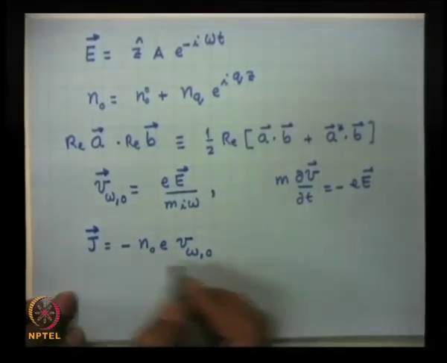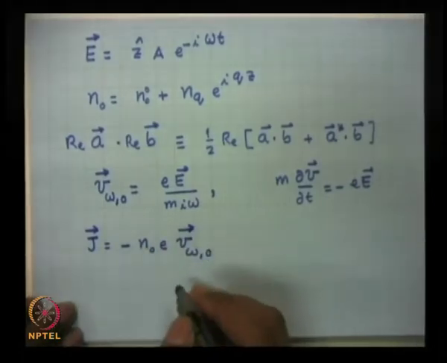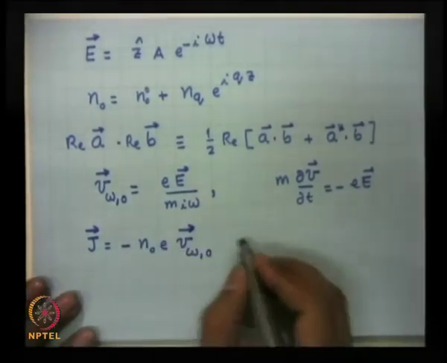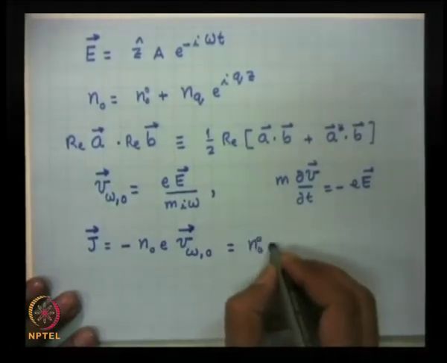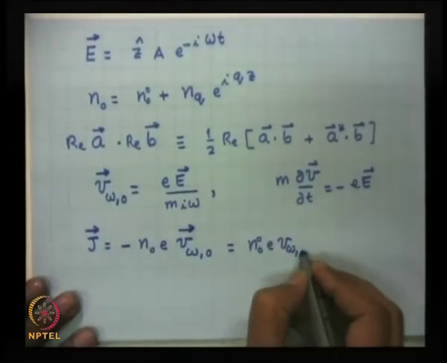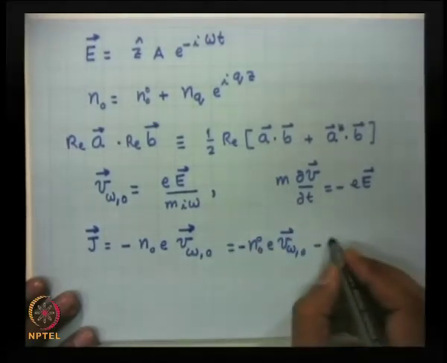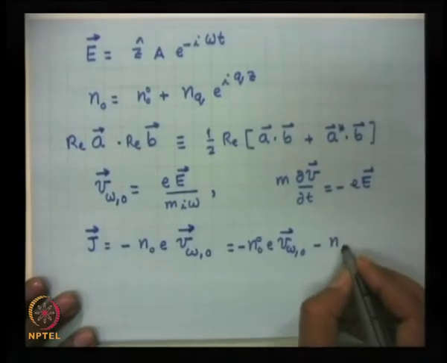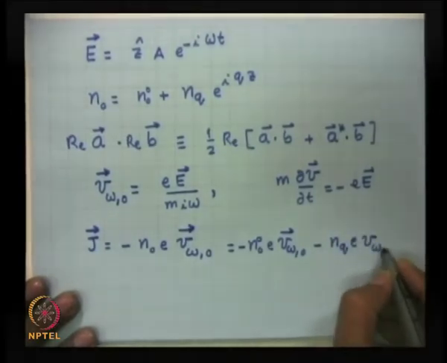So, this product will have two terms. One is n00 e v omega 0 with a negative sign, another will be minus nq e v omega 0.